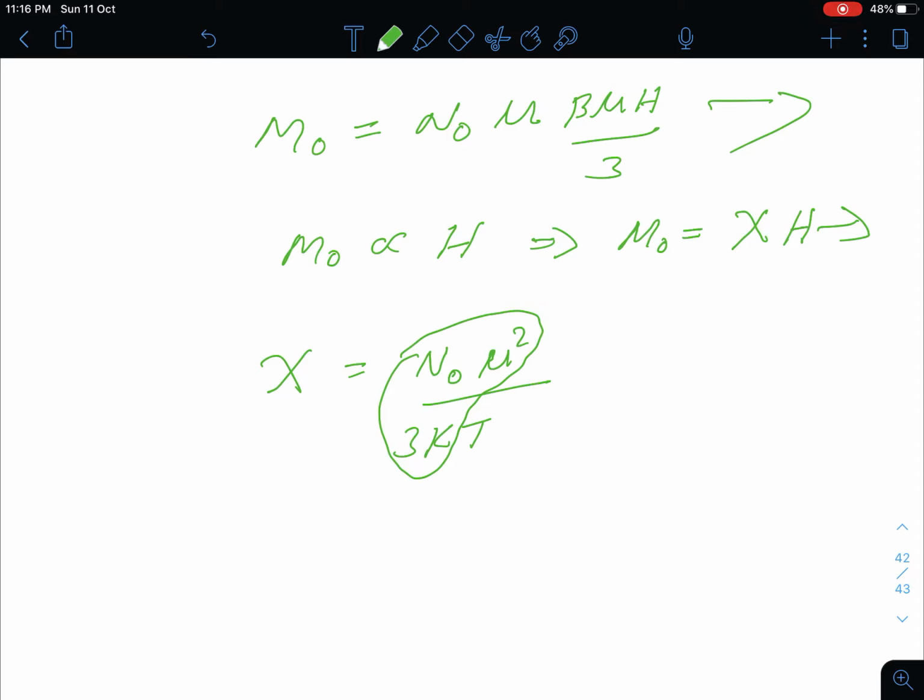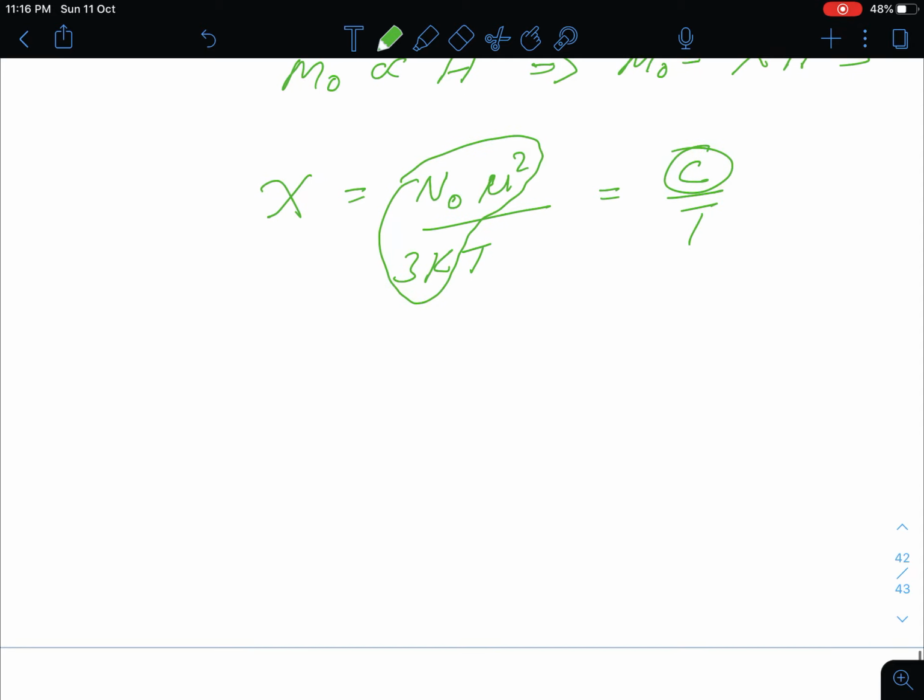It depends upon the material. Now k is also a constant. So all these are constants, and this is C by T, and this C is called Curie's constant. So the susceptibility is inversely proportional to T, and the proportionality constant C is called Curie's constant, which is equal to n0 mu square by 3k. Good.